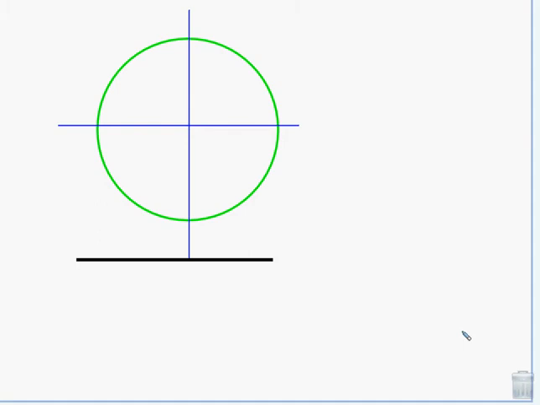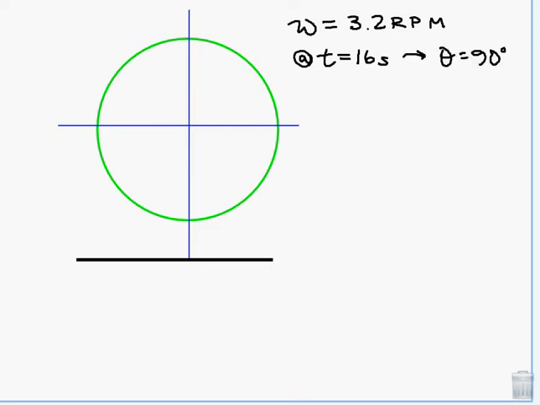Problem 6 is a Ferris wheel problem, and you have a person who is rotating around the Ferris wheel at 3.2 revolutions per minute. They give a location at time equals 16 of the northernmost point on the Ferris wheel.